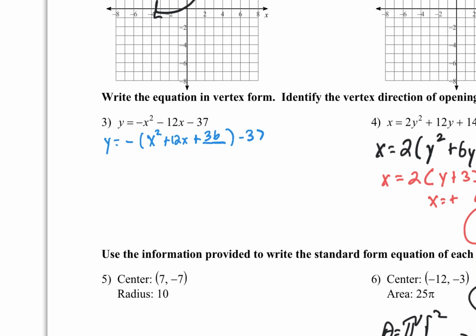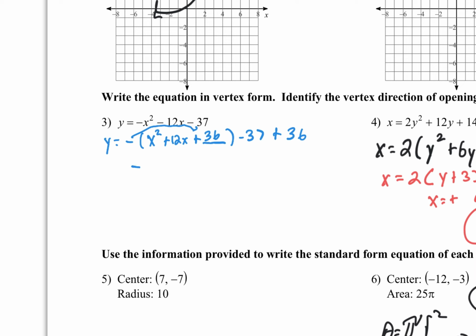So realistically, this is negative 36 that we've added in there. But since we're going to the opposite side of the equation, we need to put the opposite in there. So we're actually going to add 36 to this side. If we were going to the other side, if we were going to go to y, we'd go y minus 36, because if it's on the same side, you put the same thing. If it's on the opposite side, you put opposites.